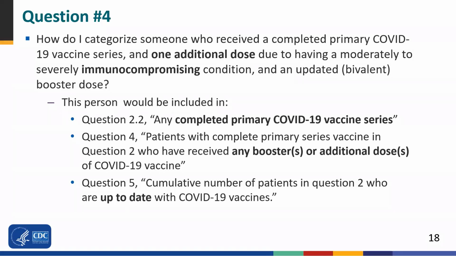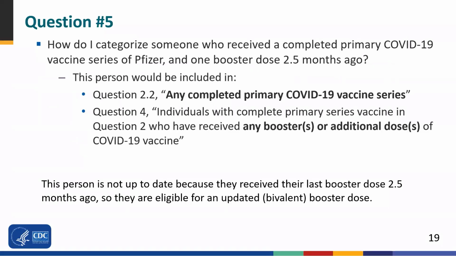The last question asks, how do I categorize someone who received a completed primary COVID-19 vaccine series of Pfizer and 1 booster dose 2.5 months ago?